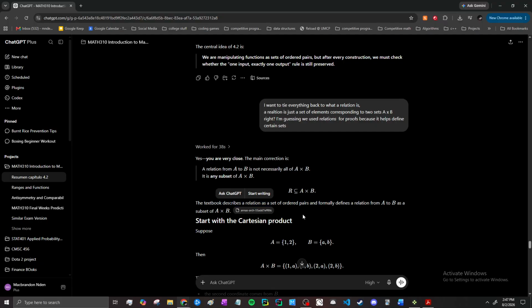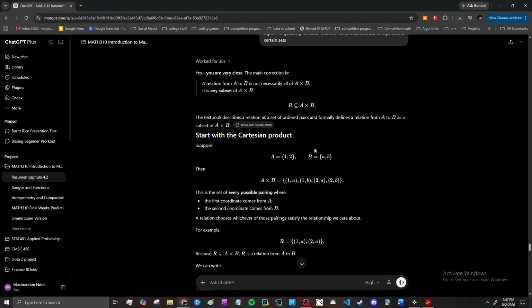Does anyone describe the relation as a set of ordered pairs, and formally define a relation from A to B as a subset of A times B? Start with the Cartesian product.